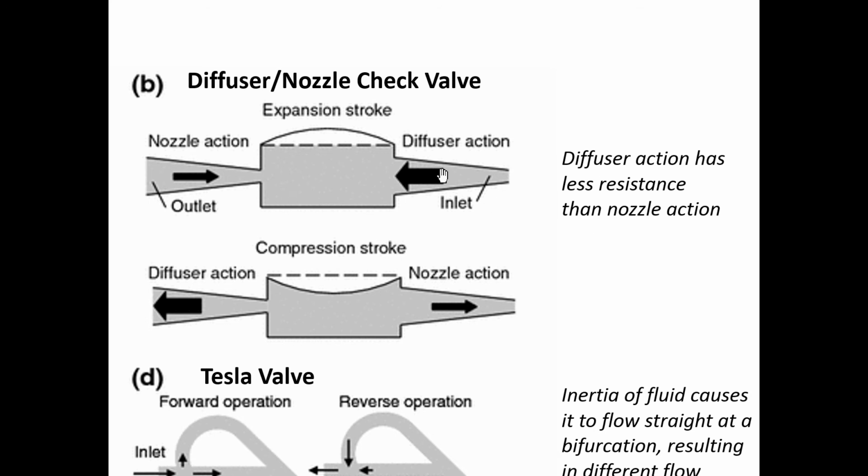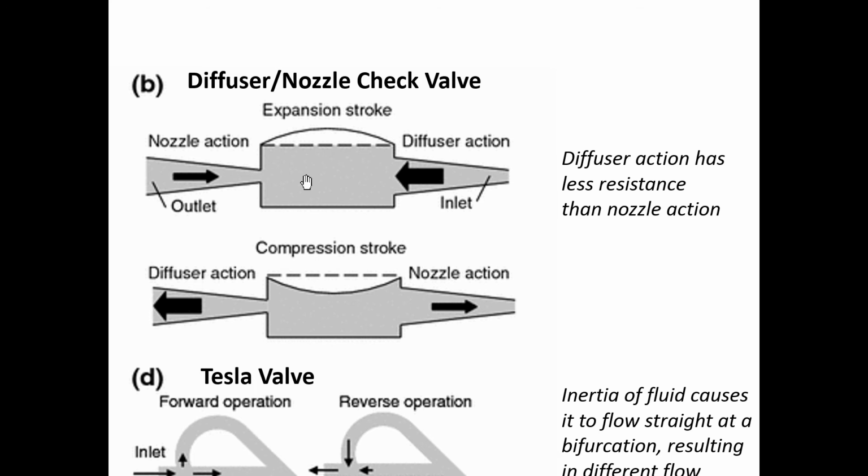So this is the inlet. Don't get confused. I don't know why the inlet's on the right side of this diagram, but this is the inlet and this is the outlet. So when fluid is going from a constricted area to a wider area, there's less hydraulic resistance here.